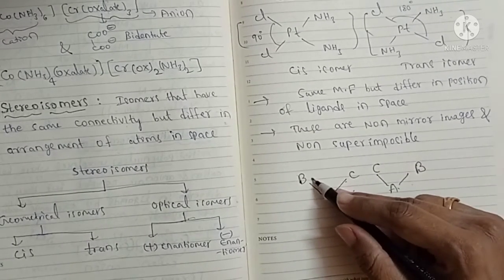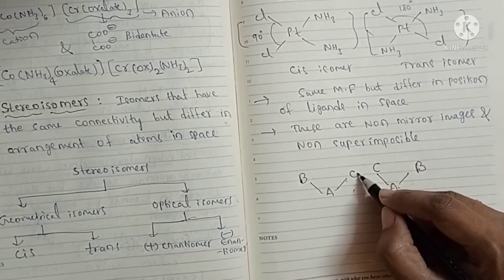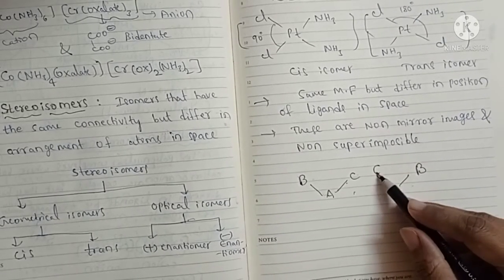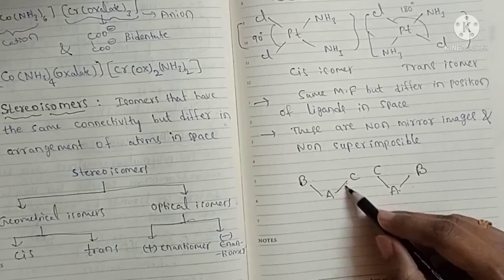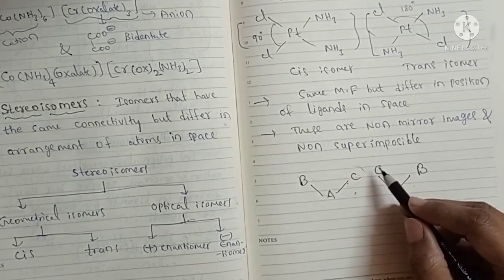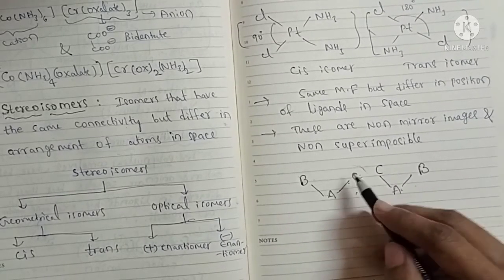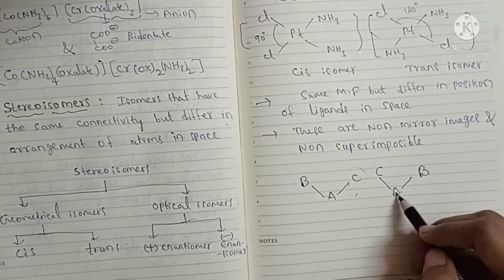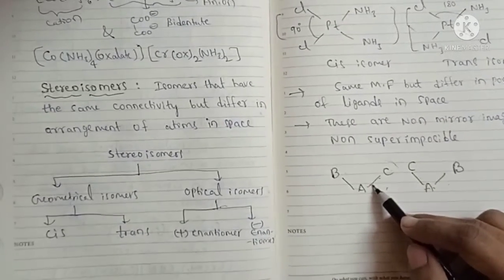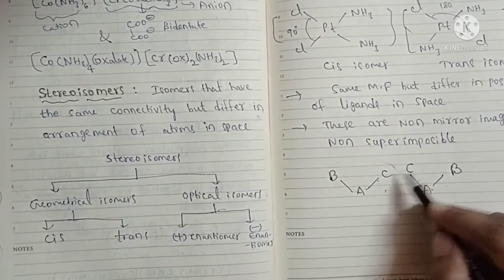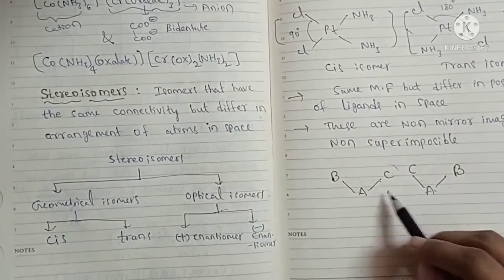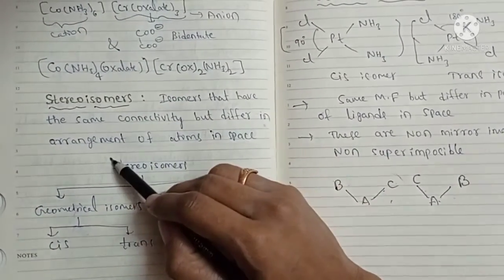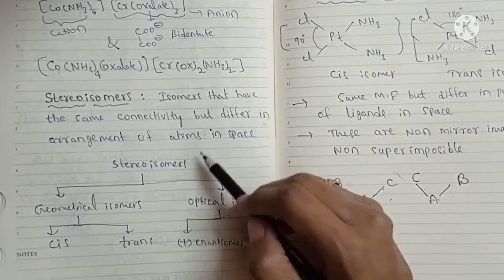Connectivity is the same: A is connected to C and A is connected to B. But the position of C in space is different. Here it is on the right side, here it is on the left side. So they differ in the position of C. That is called stereoisomerism.